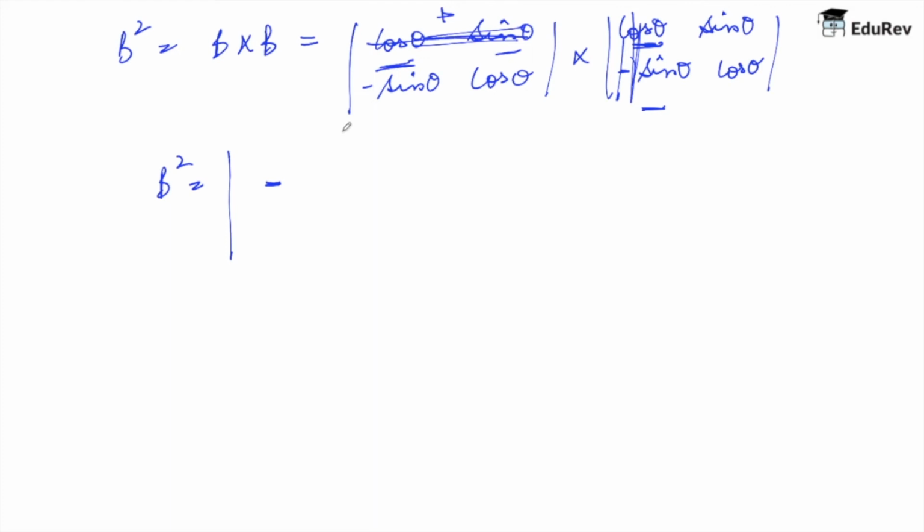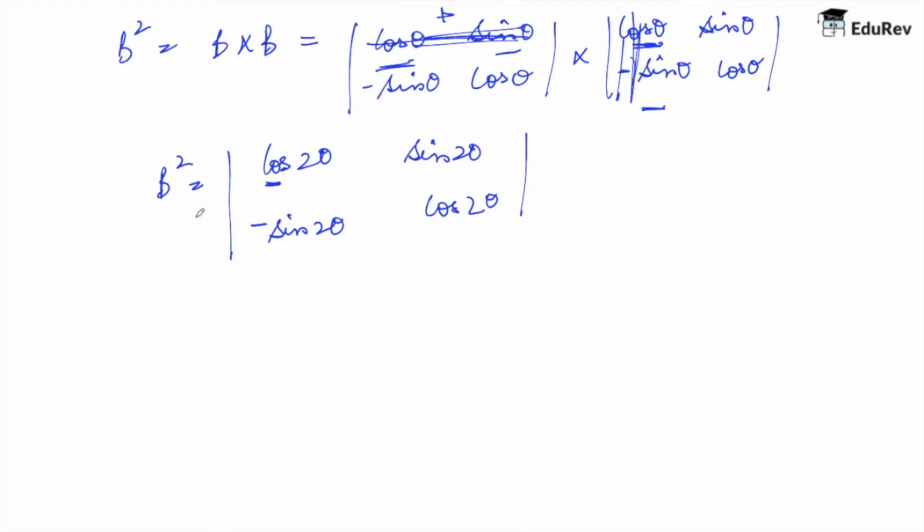So when we apply the trigonometric identities, we can solve it even further. And if I write the refined terms of these trigonometric properties, I would write that B square is cos 2 theta, minus sine 2 theta, sine 2 theta, and finally cos 2 theta.